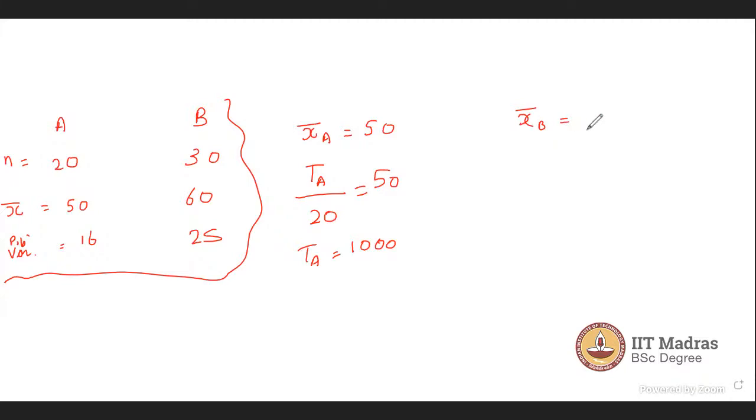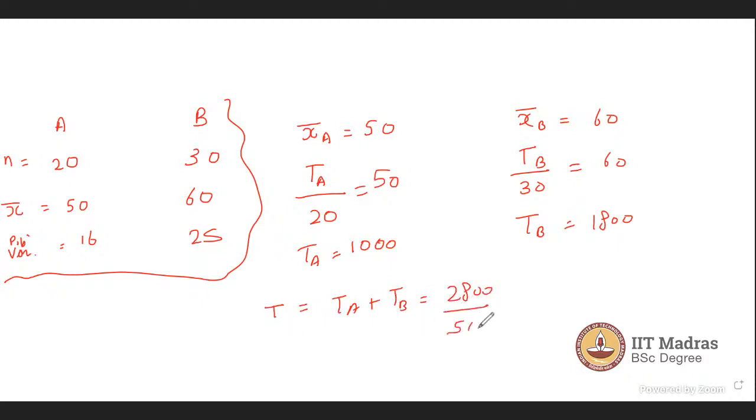Similarly, the mean of B is 60, so 60 into 30, and I got 1800. So the class total will be the sum of both, 2800. Total number of students is 50. Yes, 56 is the average.